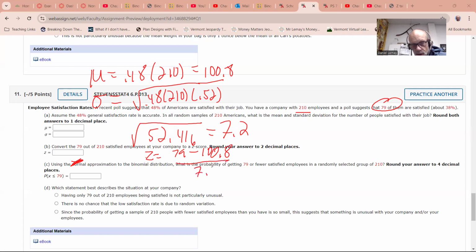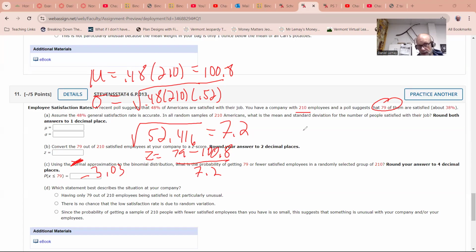Over 7.2. So 79 minus 100.8 divided by 7.2. I'm getting a z-score of -3.03.